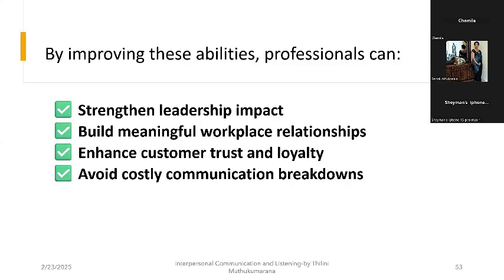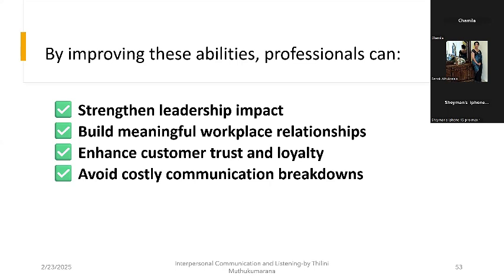By improving both, professionals like you can strengthen leadership impact. Even though you're working as an employee, one day you can start your own business, so you can give the leadership, right? If you practice interpersonal communication and listening, you can change the world.